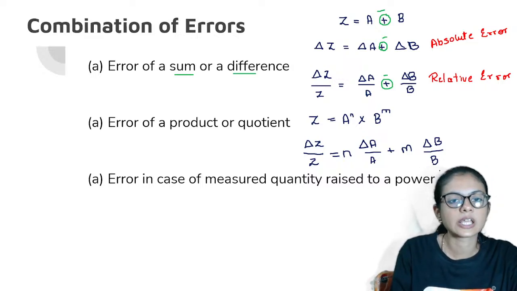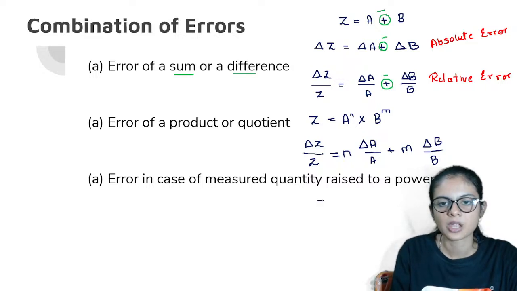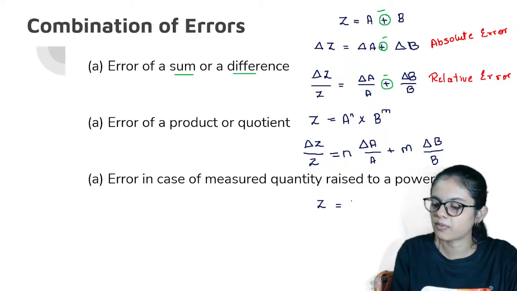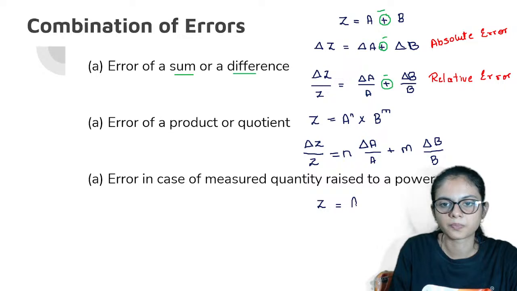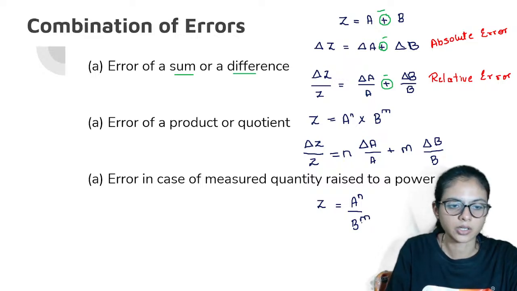Now, if the error is in the format of division, let me write it here. If z equals a power n by b power m, how to calculate this error now?